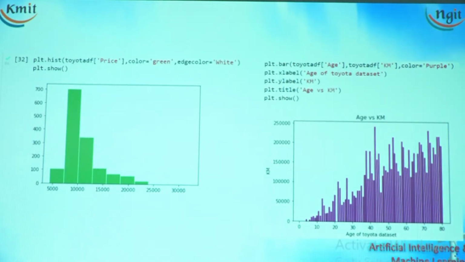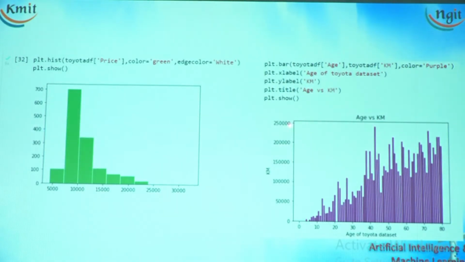Also, when you're working with a huge data set, manually understanding the peak points, manually understanding which column is having more values, it is very difficult. So if you visualize it, you can get a certain range till where it is going. You can see here, by this histogram, I understood what should be the price of my car. By this bar graph, I understood the age versus kilometer.